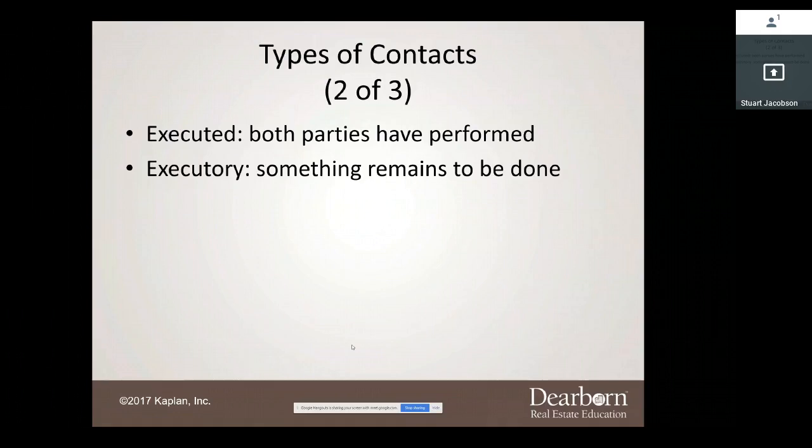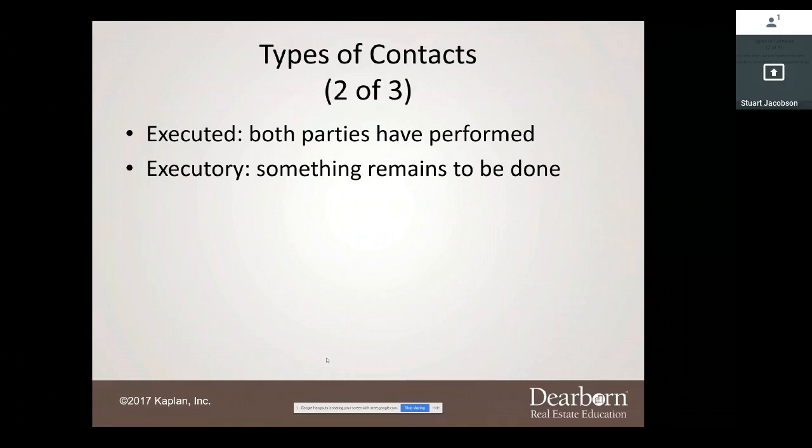Executed means both parties have performed. It is done. There is nothing left to enforce or to be obligated to be done. Okay? So executory and executed are two states of a contract. So again, the contract could be express or implied. So that lease is an express contract. It could be unilateral or bilateral.